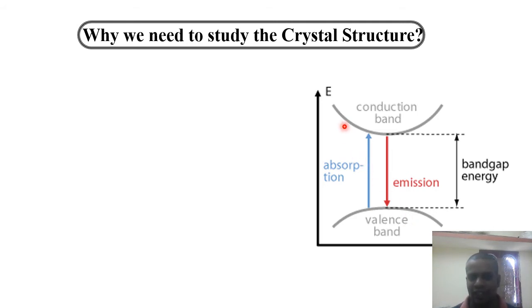Inside the crystal, in the electronic energy levels, only two energy bands are allowed. Either the electron is in this energy state, the conduction band, or the valence band, the lowest energy state. There is no allowed state in between. If you look at this y-axis, this is the energy axis. There is a bigger gap between these two energy levels, which we call the band gap.